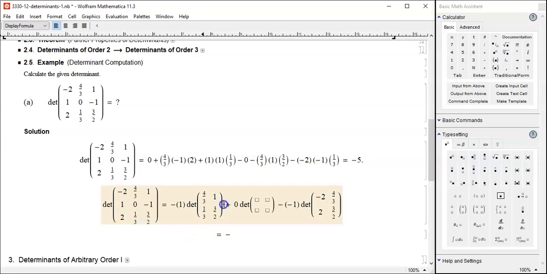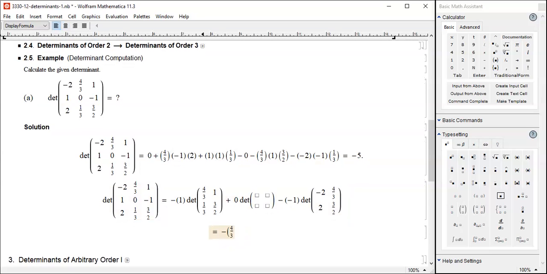Minus determinant of this, so that's 4/3 times 3/2 minus 1 times 1/3.